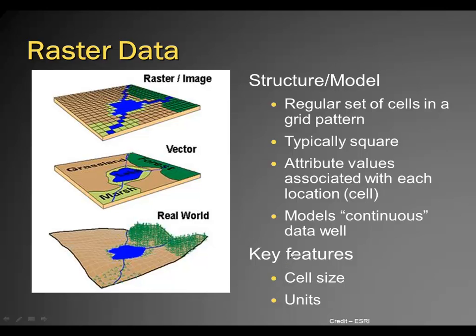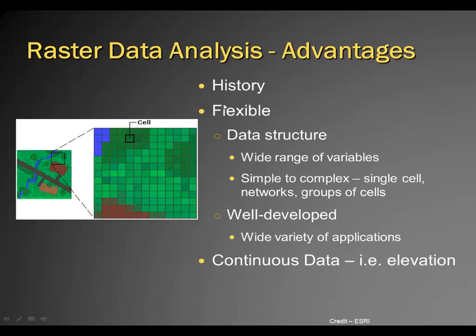It's all about cell size. Now, the raster is the original data structure of GIS. So when GIS was first started to be developed in computers, its first data structure was a raster.